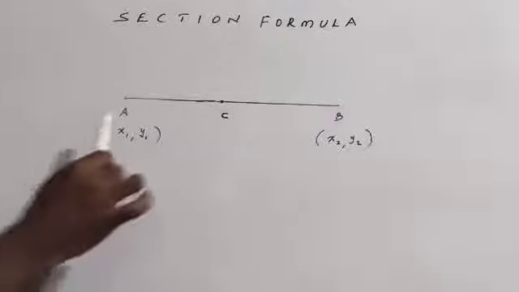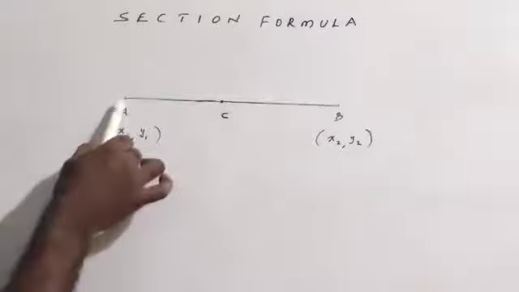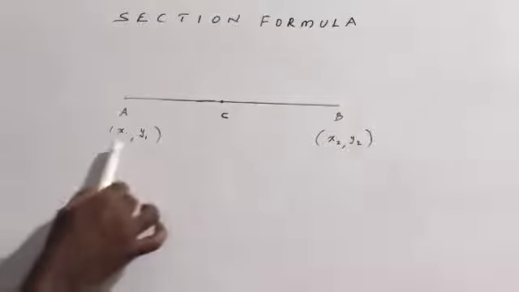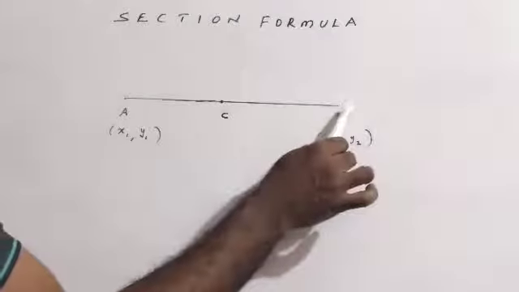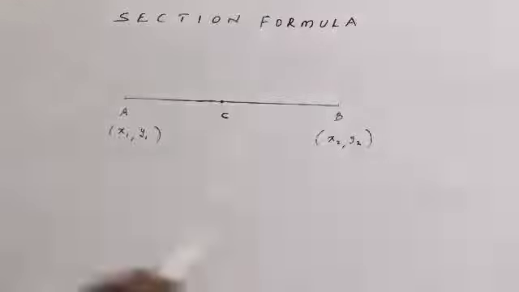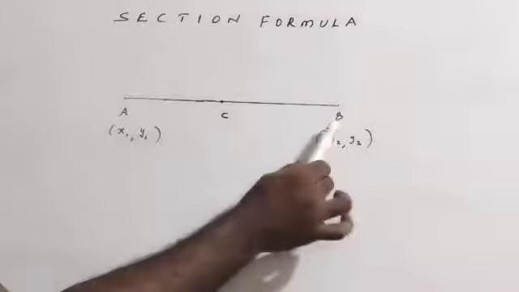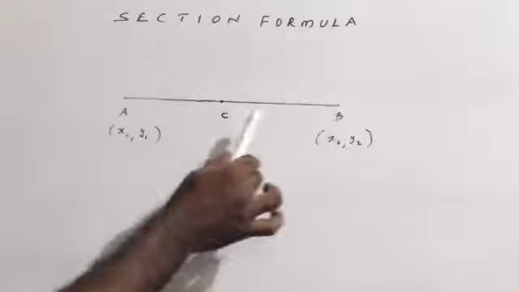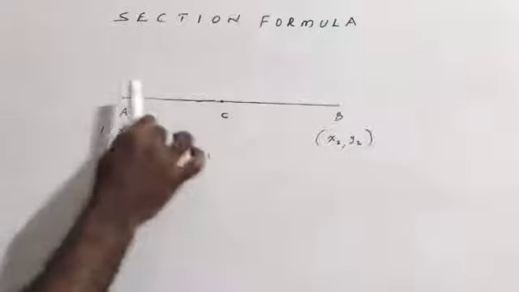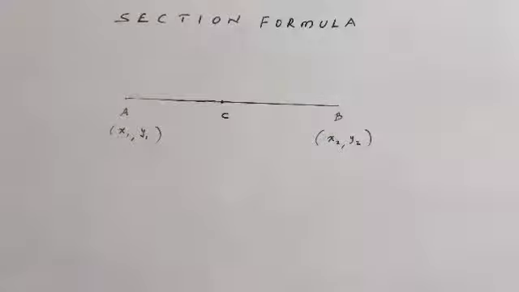Consider the line segment AB, the point A as x1, y1 and the end point B as x2, y2. Now this line segment is divided by the point C anywhere.